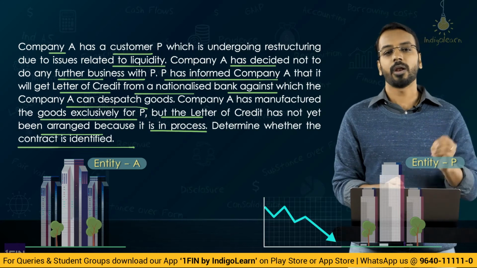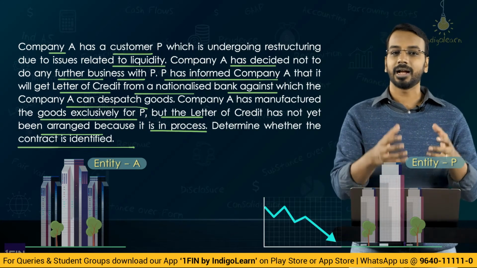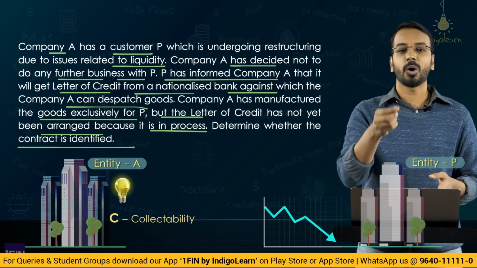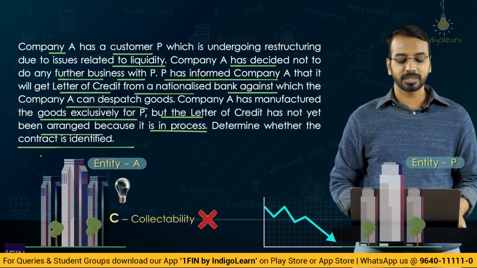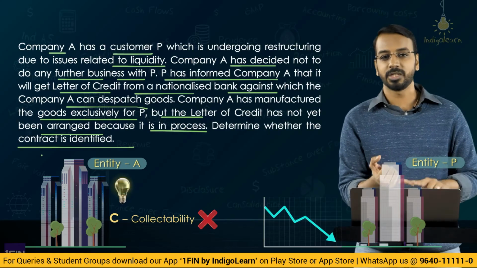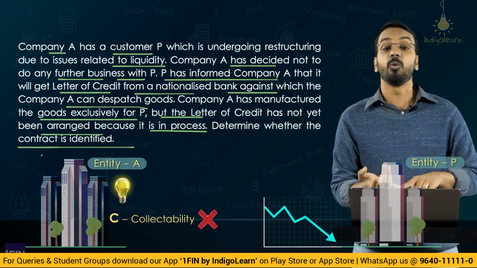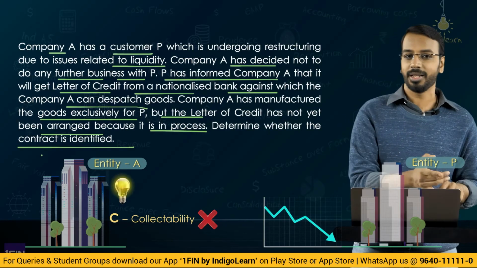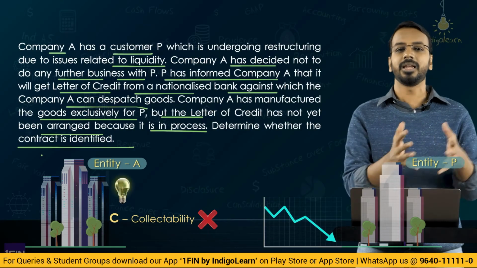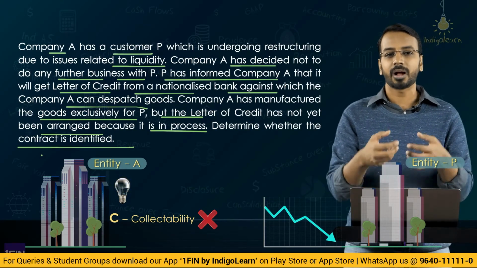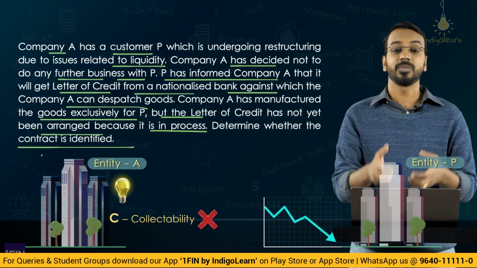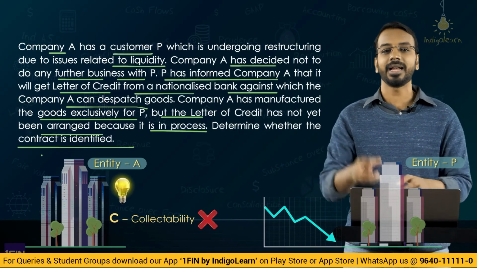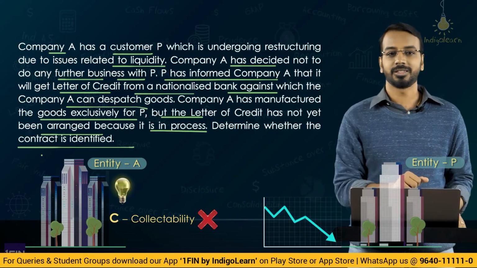Now, if you remember, among the 5 criteria, in the last criterion, we talked about collection of consideration being probable. Here, is the collection of consideration probable? The customer is facing difficulties. The letter of credit is not yet arranged; it will be arranged and is still in process. So, till the time the company receives the letter of credit from the bank, the company will not have comfort that they will be able to collect the consideration, right?